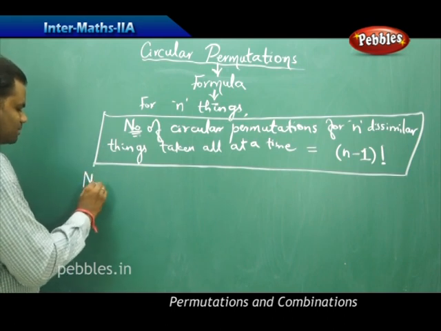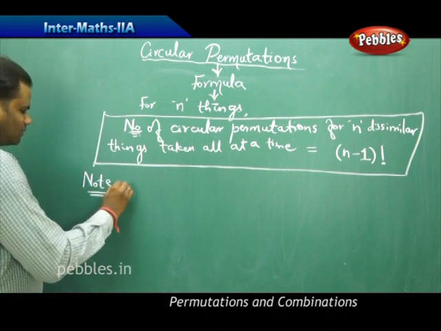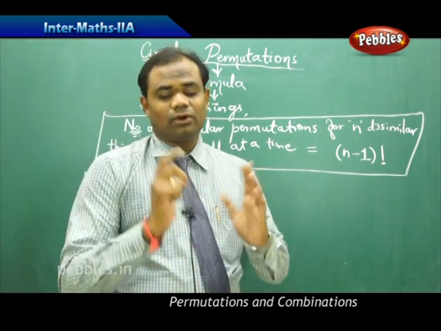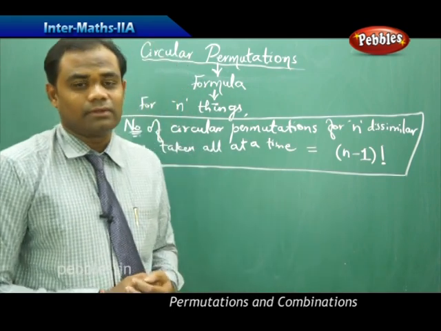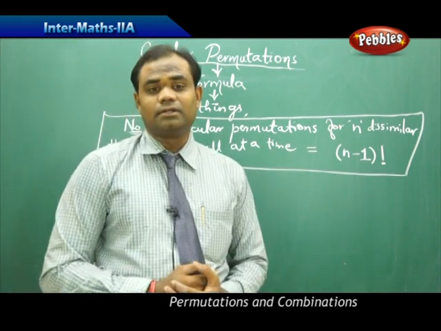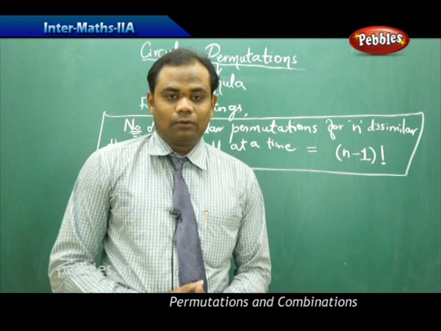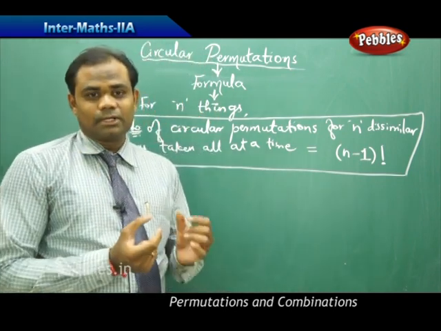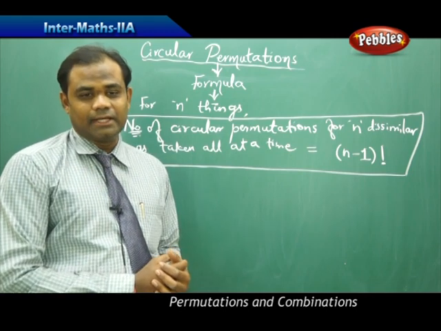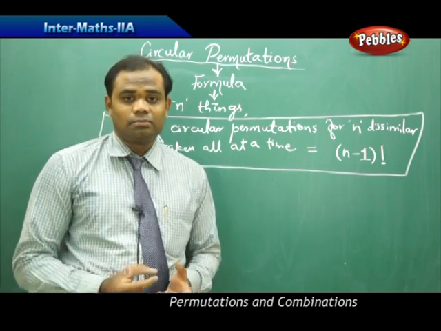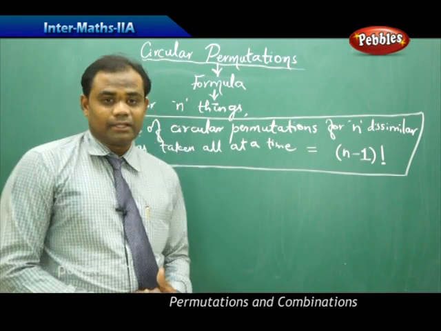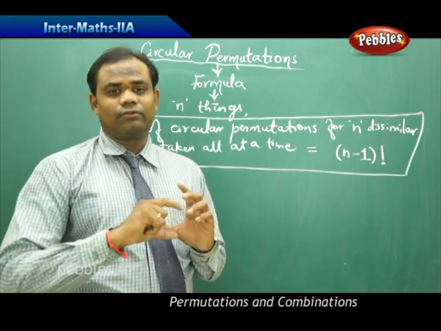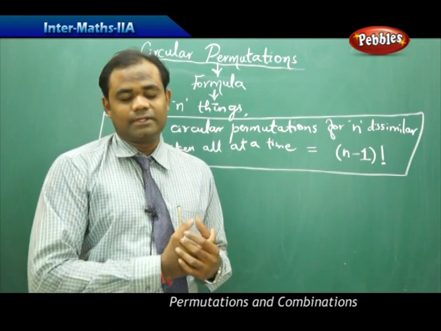Now you have a specific note here: if I don't take the clockwise or anti-clockwise direction into account, let's see how we have an extended formula. Now for cases where I want to find the number of circular permutations where I am putting beads in a necklace or flowers in a garland, in these cases it doesn't matter whether I put the flowers in the garland from the clockwise direction or anti-clockwise direction.